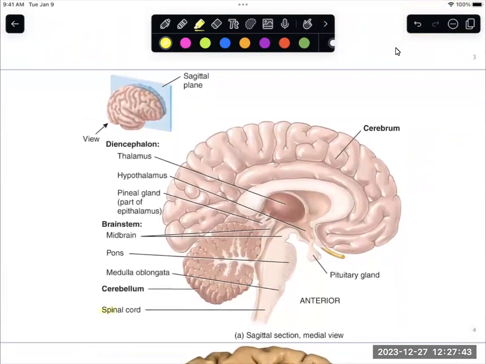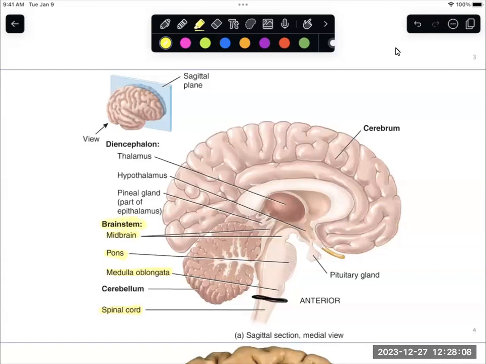We have the spinal cord. Just here is where we would have the foramen magnum. Then just above that foramen magnum in the skull, we have the medulla oblongata, pons, and midbrain. This makes up our brain stem.